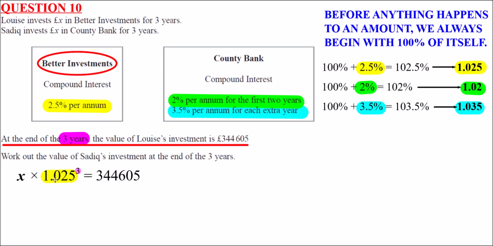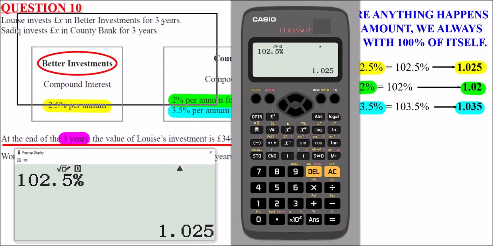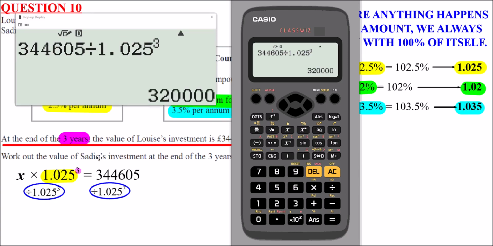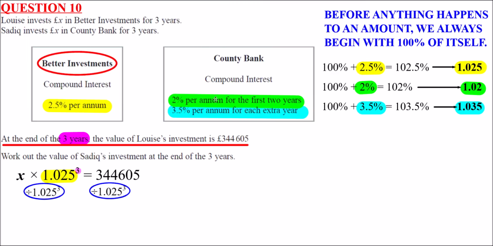To get rid of multiplying by 1.025 cubed, I could divide both sides of this equation by 1.025 cubed. Then X must be 344,605 divided by 1.025 cubed. So we get that the original X must have been £320,000 exactly.